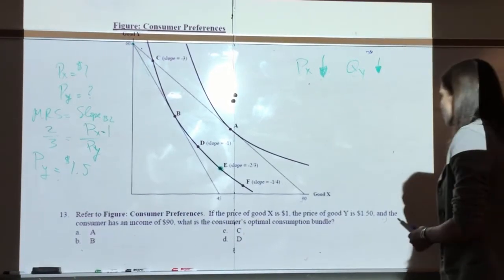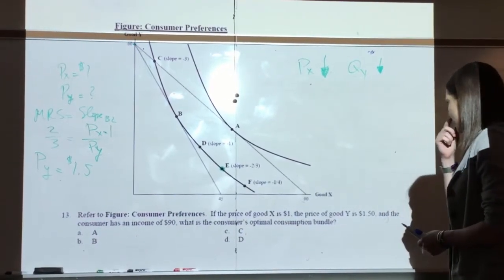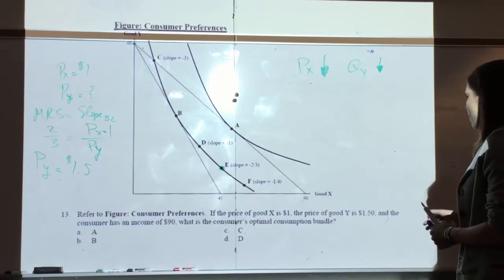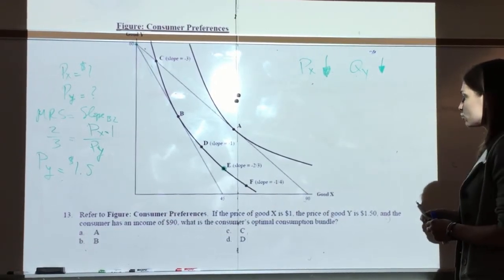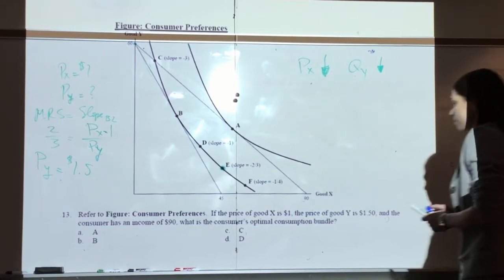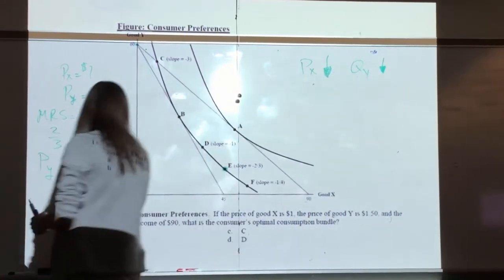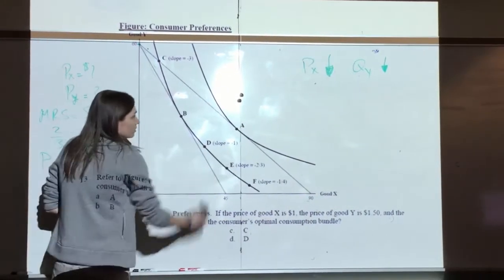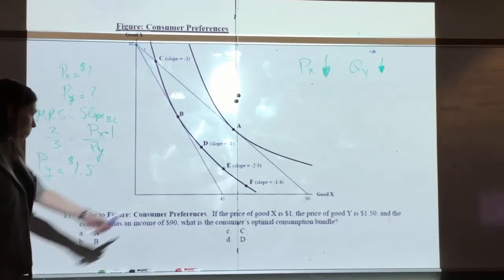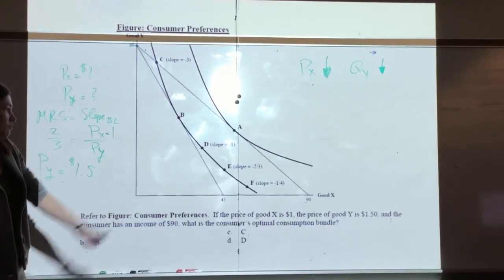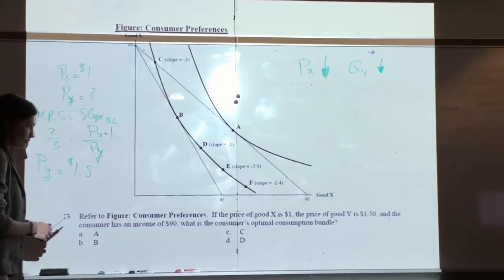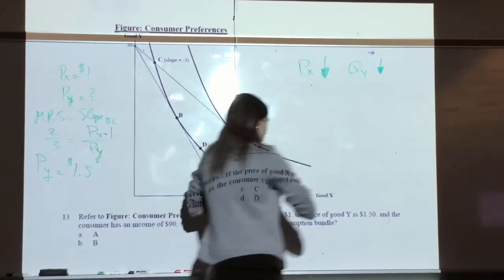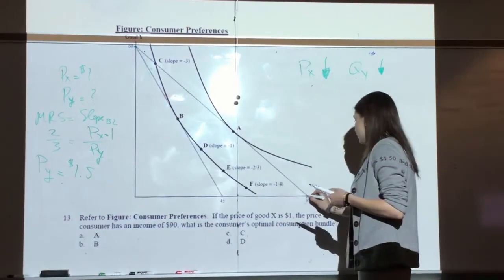Okay, if the price of good X is 1, the price of good Y is 1.5, and the consumer has an income of $90, what is the consumer's optimal consumption bundle? Right. So they have $90. If they spend all of it on X, how many can they buy? So the first intercept is here.